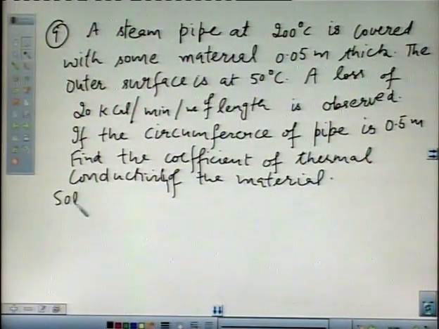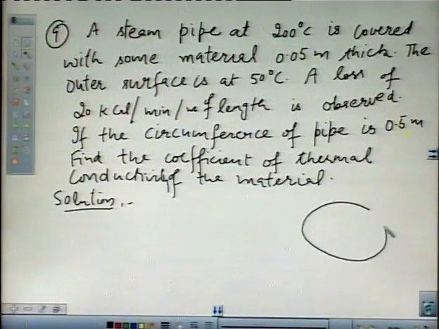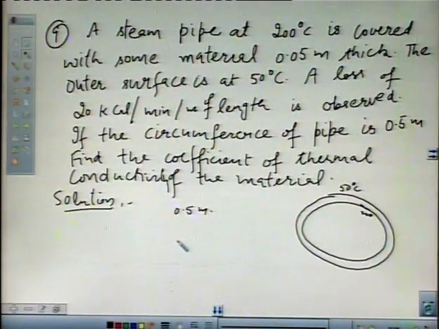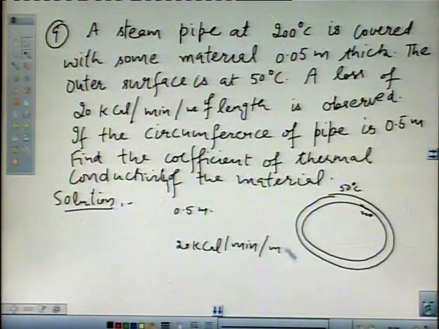So the solution is, in this case we are given a steam pipe which is at 200 degrees Celsius. Now it is covered with another material whose outer surface is at 50 degrees Celsius. The circumference of the pipe is 0.5 meter and heat is lost at 20 kilocalorie per minute and per meter.